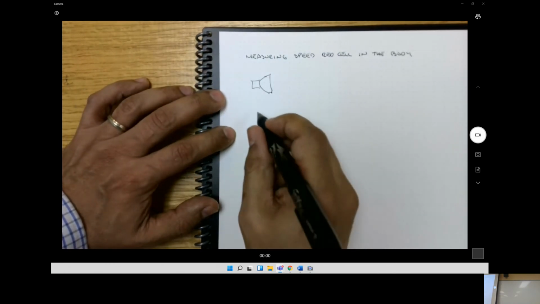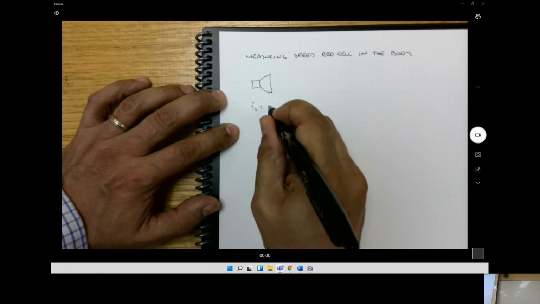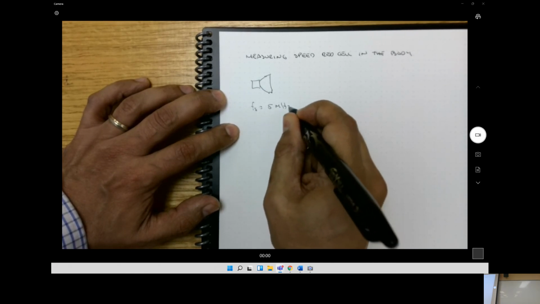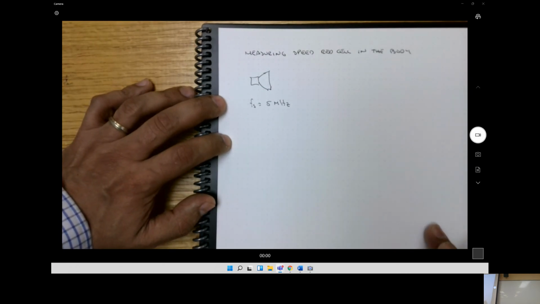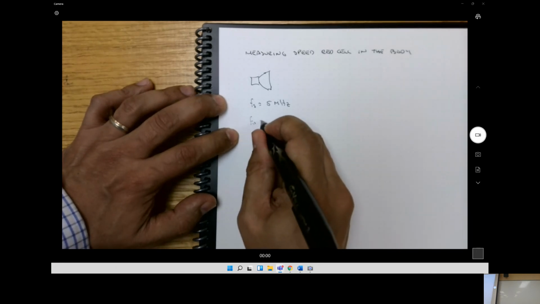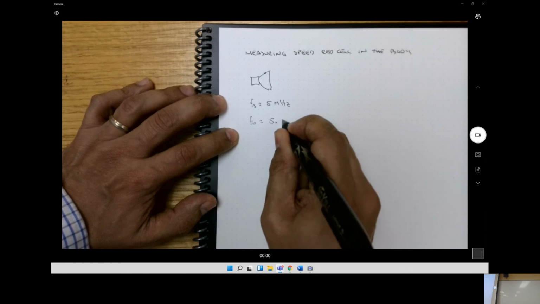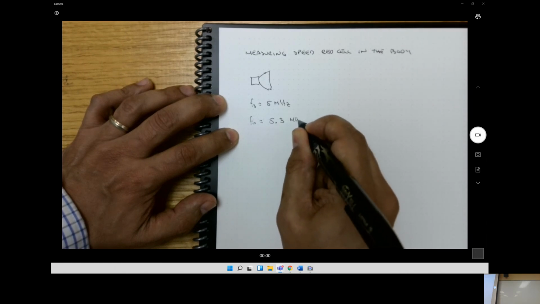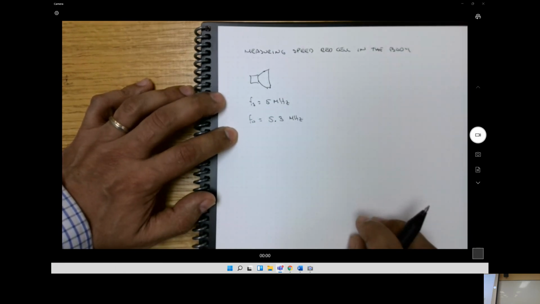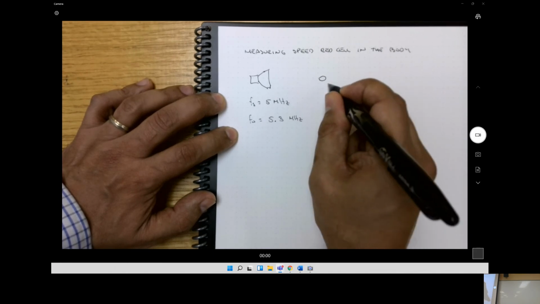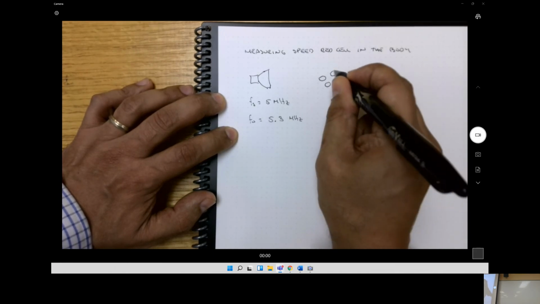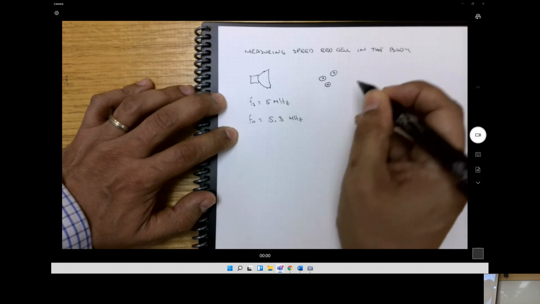You are emitting a frequency of 500 megahertz. And the frequency of the echo is 5.3 megahertz. Okay, and you want to know how fast these red cells are moving.